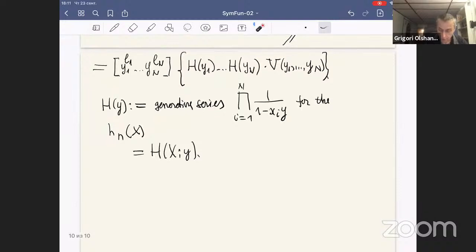Now look at this expression and recall that this is a Vandermonde determinant. So this can be written as follows. We take again a coefficient. From what?